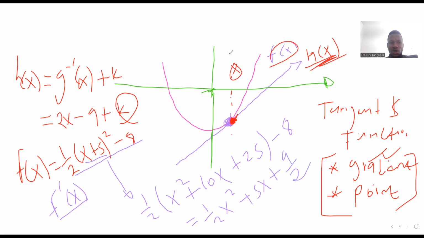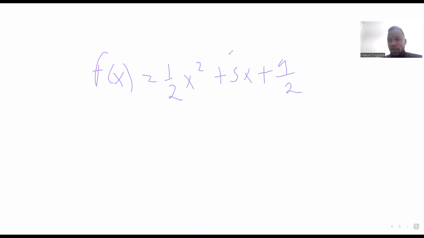So now you have your f of x written as 1 over 2 x squared plus 5x plus 9 over 2, right?